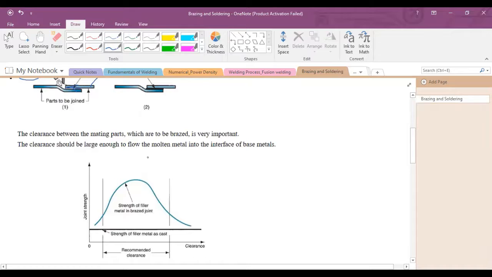If it is large enough, the molten metal will easily fill inside the joint, into the interface of the base metal, and provide strength to the joint. It is shown in this graph: if you have a greater clearance, you have a good joint strength.